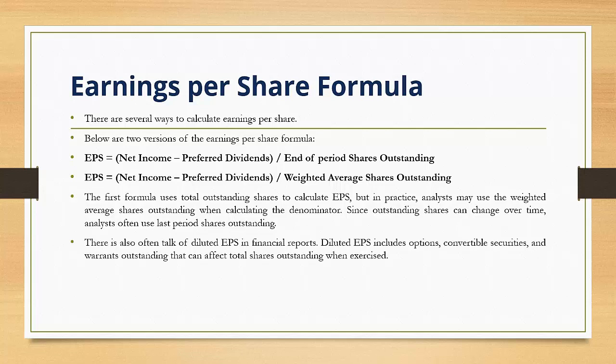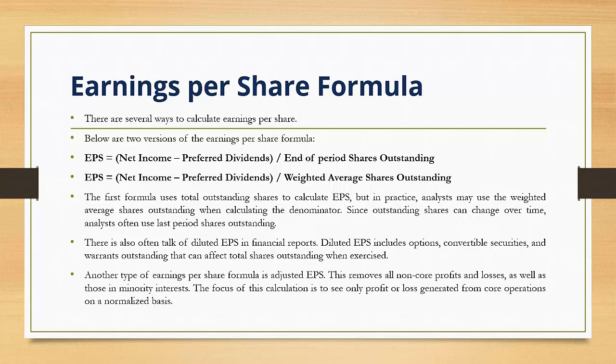There is also often talk of diluted EPS in financial reports. Diluted EPS includes options, convertible securities, and warrants outstanding that can affect total shares outstanding when exercised. Another type of earning per share formula is adjusted EPS.